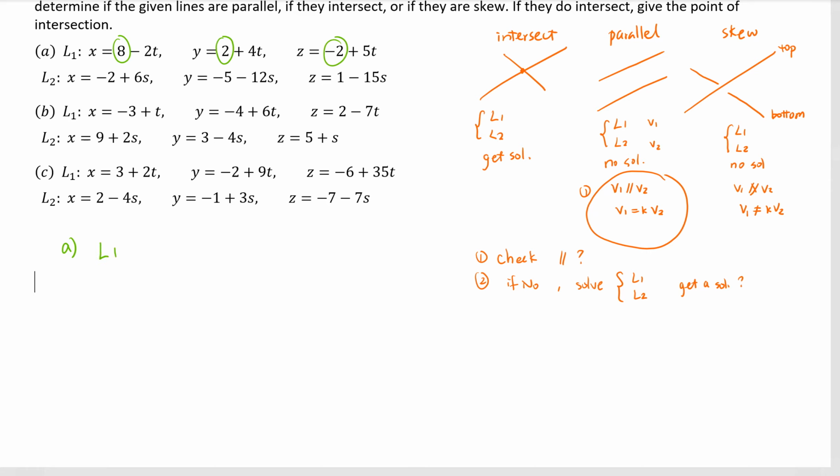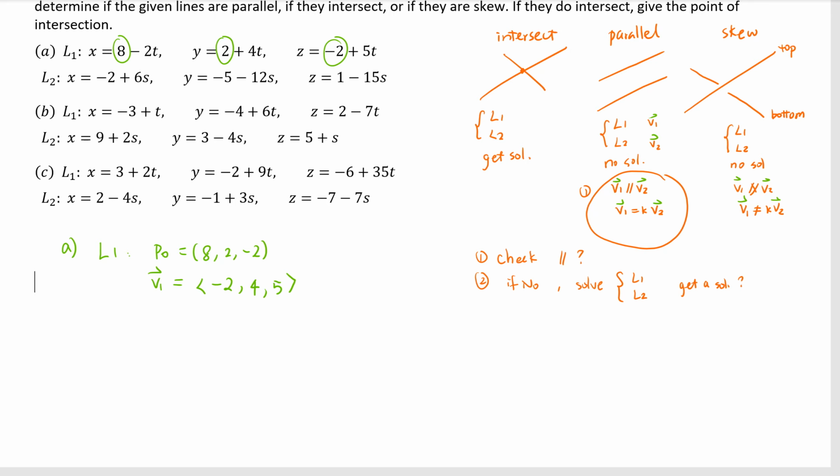So for line 1, we know it passes through a point. That's the constant term, so 8, 2, minus 2. And we can also find the vector. The vector in this case is the coefficient of t, which is minus 2, 4, and 5.